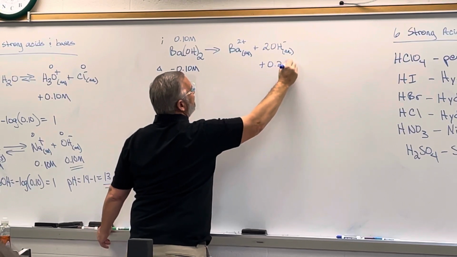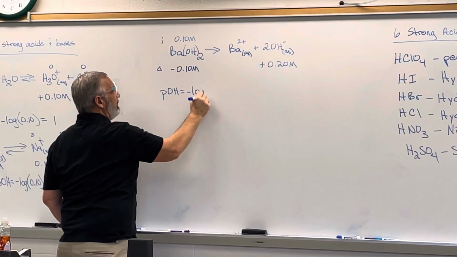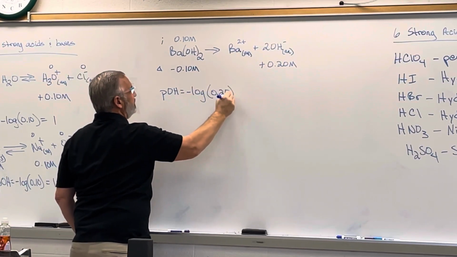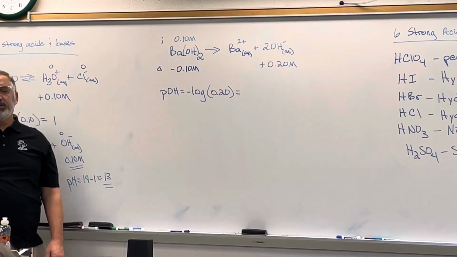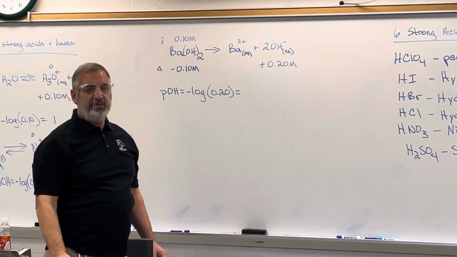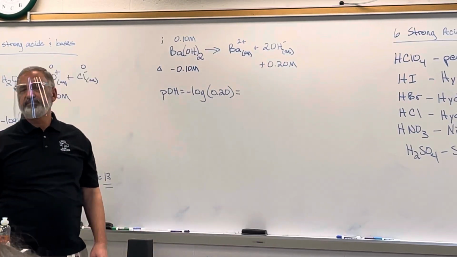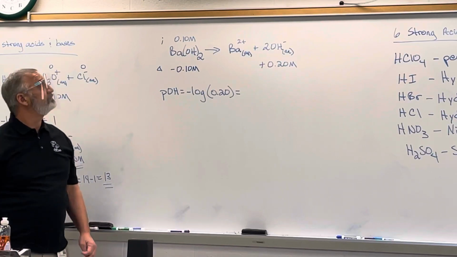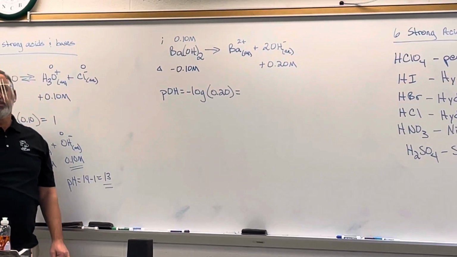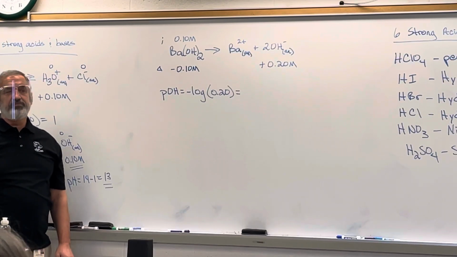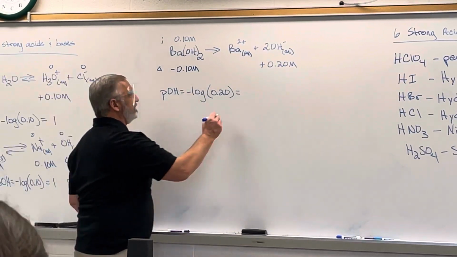But what's the OH- going to be? Plus 0.2. So my pOH is going to equal the negative log of 0.2, which you can't necessarily do in your head. Does everybody know how to do a negative log on your calculator? 0.699.